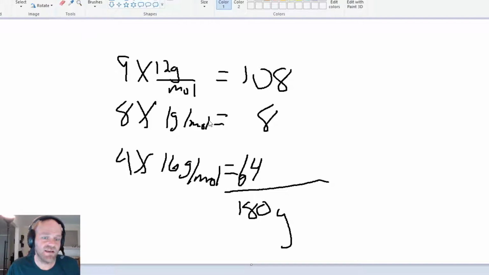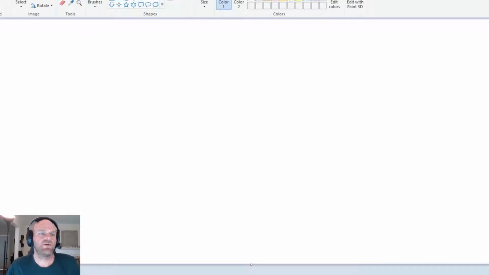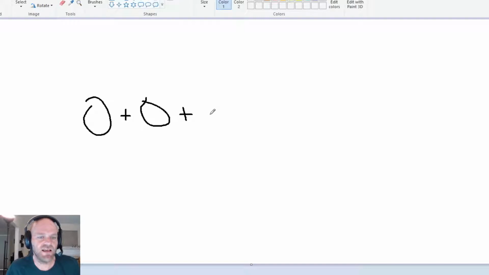So, say I am the owner of a bike factory, right? And I've got to make a bunch of bikes. Now, a tire plus a tire plus a frame. This will be my frame here. Alright, that will equal a bike, one bike.